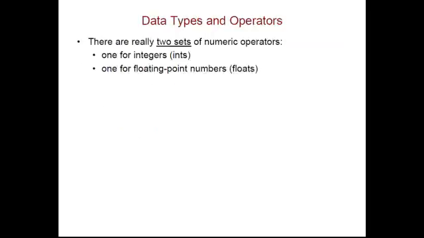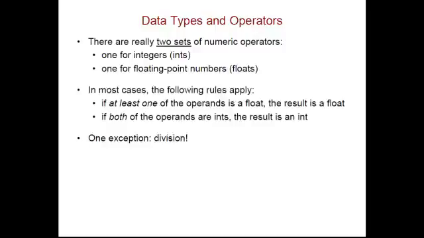Each data type has its own set of operators. So there are really two sets of numeric operators, one for integers, or ints, and one for floating point numbers, or floats. And the way that Python determines which operator to use is based on these rules. If at least one of the operands is a float, the result will be a float, because we're using the float operator.